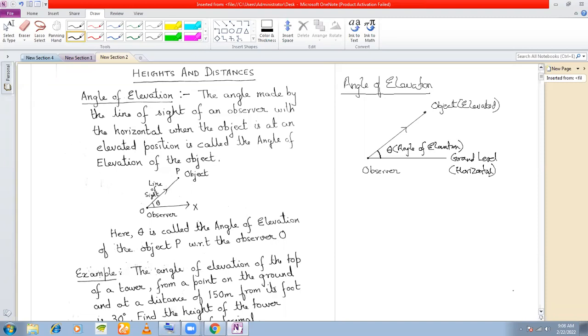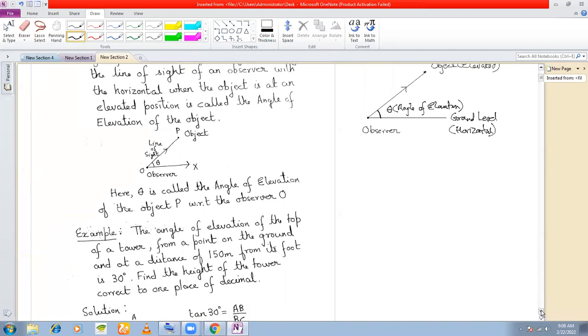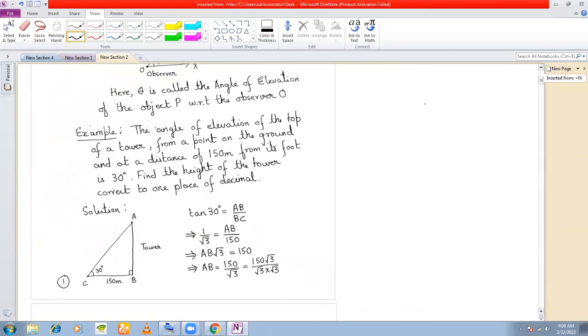Next, angle of depression. As I told you that day, depression means the object is at a depressed position. That means the observer is at an elevated position; the observer is higher. And the object here is at a depressed position.